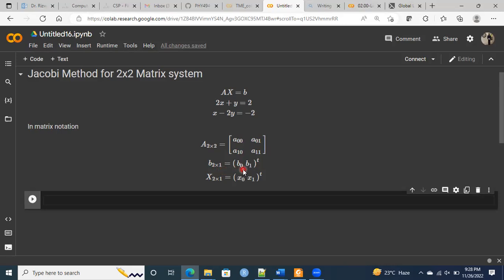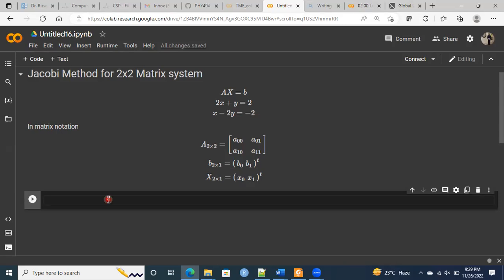Similarly, b is the column vector with elements b0, b1, and the x vector is x0, x1. So where this x0 is equal to our x in the system of equations, and x1 is equal to y. So we have to work with the matrix notation so that we can learn how to program it.